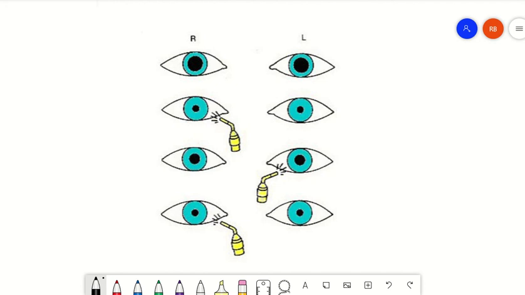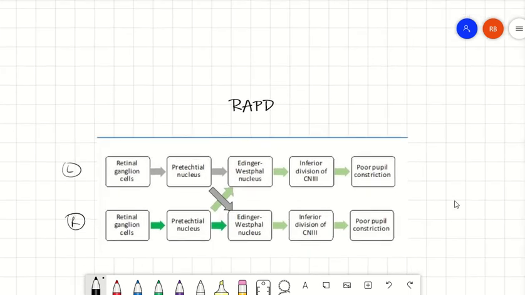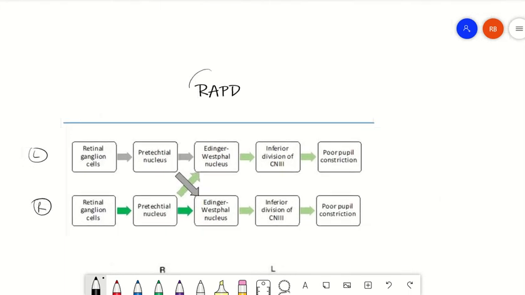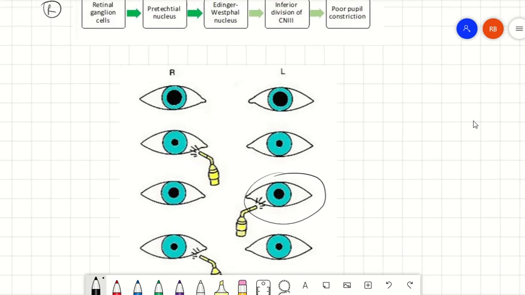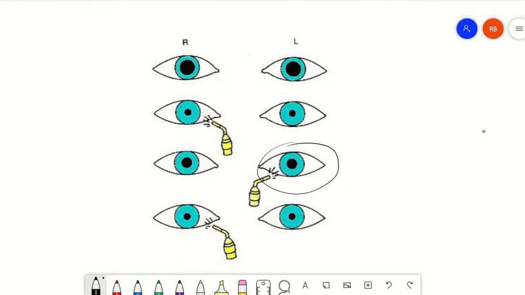So the lesion is in the left eye. When you see that pattern, the relative afferent pupillary defect is also called a Marcus Gunn pupil. So that's how you detect a relative afferent pupillary defect.